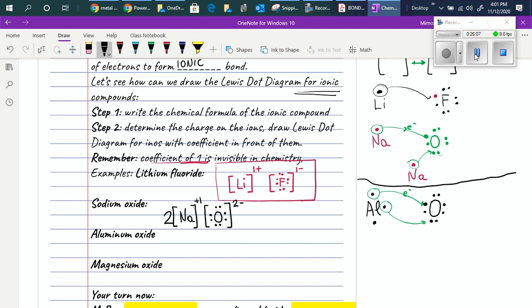So then what will happen is a second oxygen, which has 6 electrons in the outer shell, will interfere and say, okay, I will take this electron and complete one of my bonding electrons, making it a lone pair.